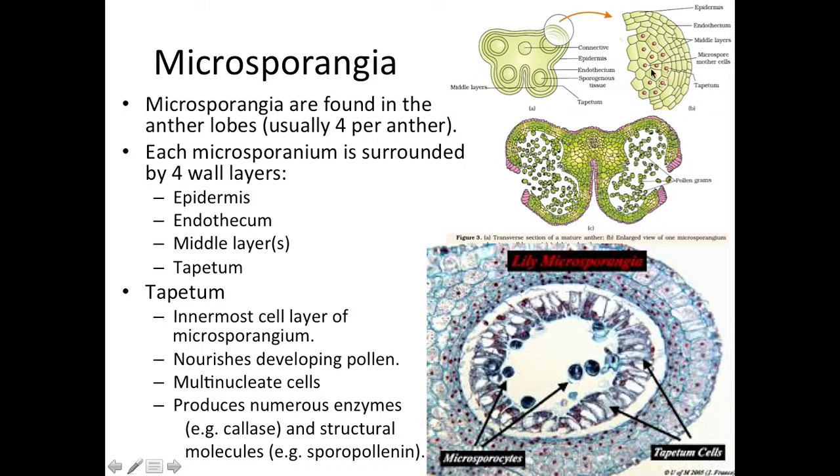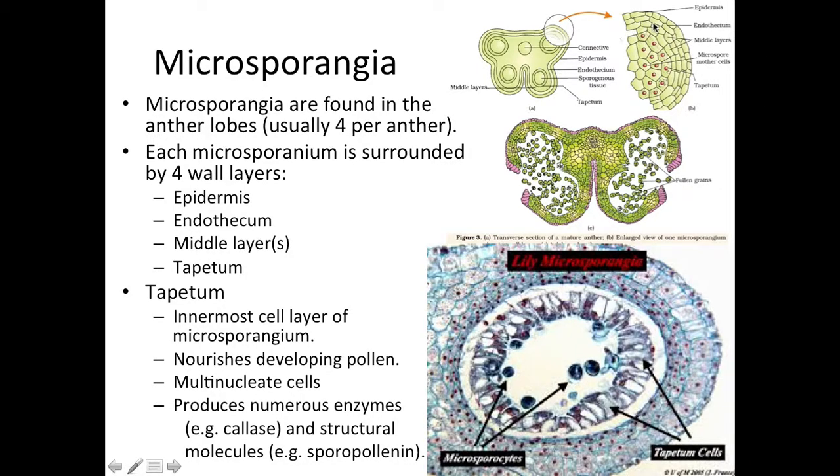Okay, so the innermost part of each microsporangium will be full of microspore mother cells. These microspore mother cells are the diploid cells that will undergo meiosis. Okay, so these microspore mother cells will only be there before meiosis occurs, so in immature anthers.